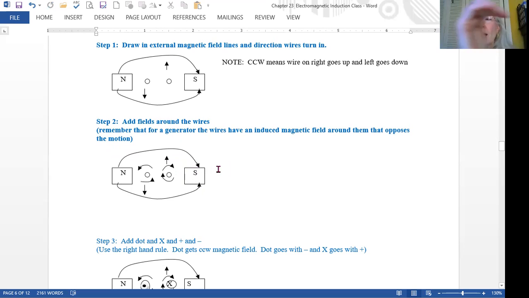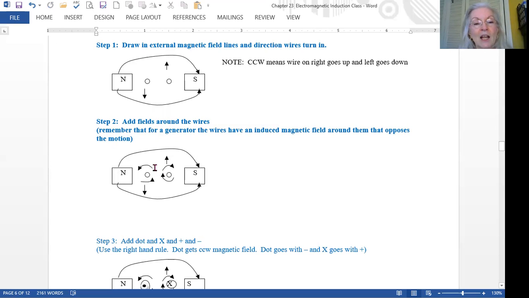Remember, on the right-hand rule, you've got your thumb, that's the direction of positive current, and you have your fingers. So if the thumb is pointing at you, and the way I have it drawn in, the thumb pointing at you should be the one on the left-hand side.